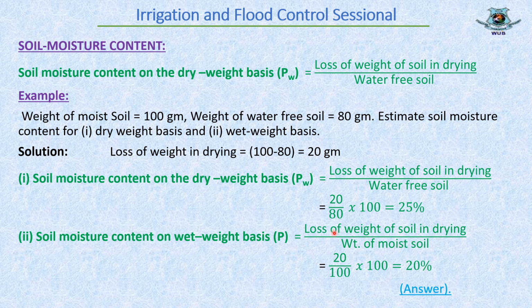So loss of weight of soil in drying is 20, the same as number one, and weight of moist soil, as stated in the question, is 100 gram. We multiply by 100 to express the moisture content as a percentage. So we will get moisture content on weight to weight basis equal to 20%.